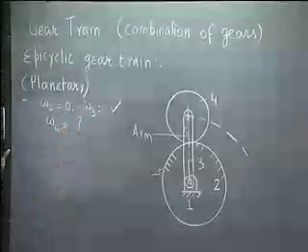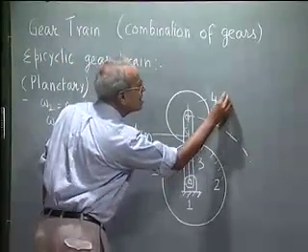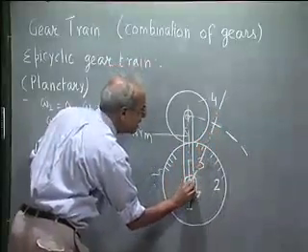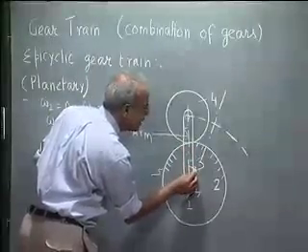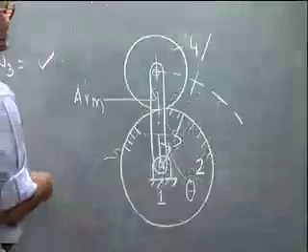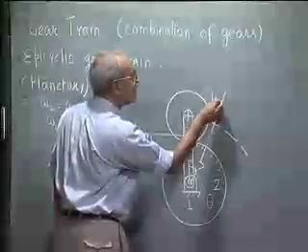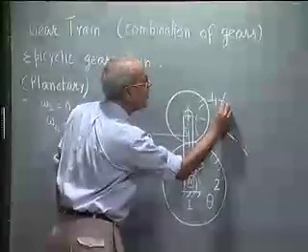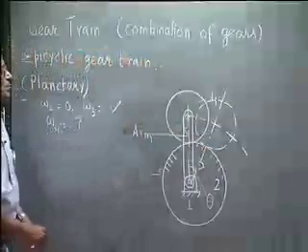To do that, let us say I give the arm a rotation theta. Link 3 has rotated by an angle theta. The center of this gear has come here, and this gear has taken up this position.